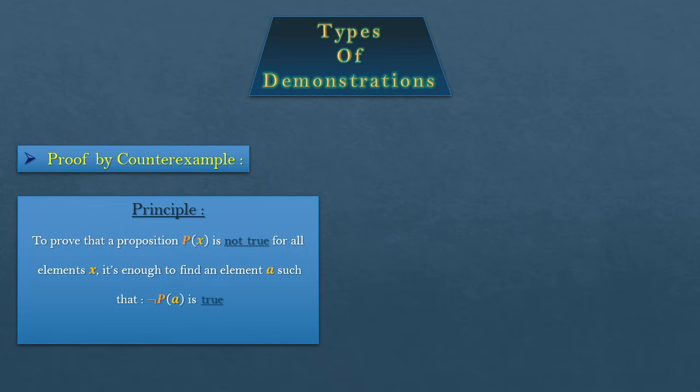And the logical syntax of this principle states that P(x) is not true for all values of x that belongs to a set E if and only if there is an element a of the set E, for which not P(a) is true.